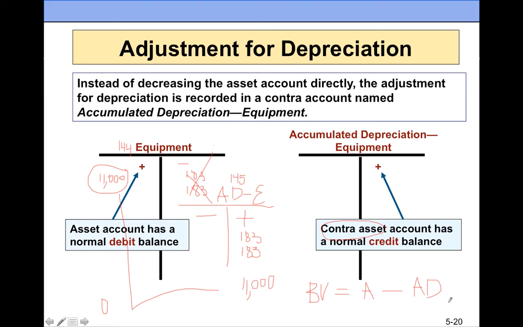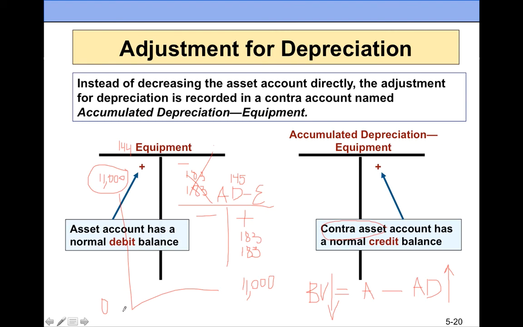So accumulated depreciation goes up every period, it accumulates, and book value goes down. And at the end of the life of the asset, the book value amount is equal to the salvage value. Again, stop and think about it. At the end of the life, my book value must be equal to salvage value. So if here my salvage value is 0, my book value at the end would be 0.